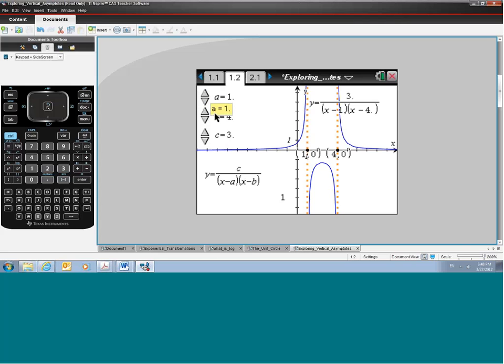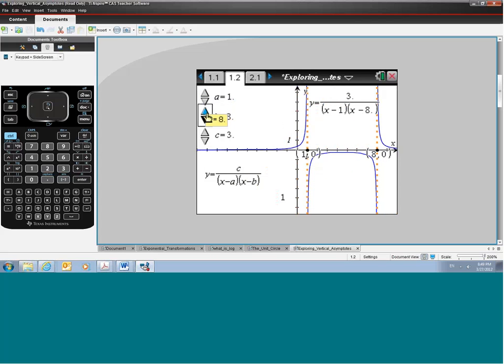Here we have 3 sliders, A, B, C, and they're controlling this function, y equals c over x minus a over x minus b. As we change the value of a, what effect does that have on the function? You see I'm clicking the slider for a to make it bigger, to make it smaller, and the student can very, very quickly see it's changing where one of those vertical asymptotes lies.